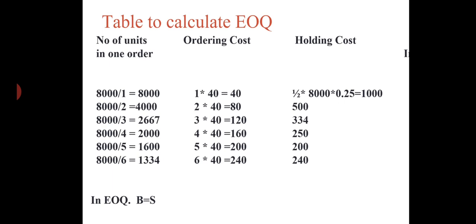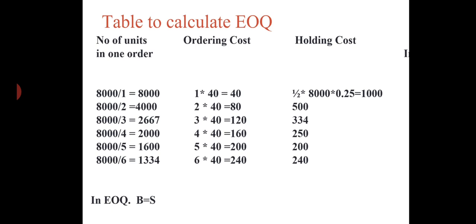Suppose the total 8000 units are purchased or an order is placed twice. The total materials are purchased twice in a year. So the total cost is 580. That is 80 rupees ordering cost and 500 holding cost.